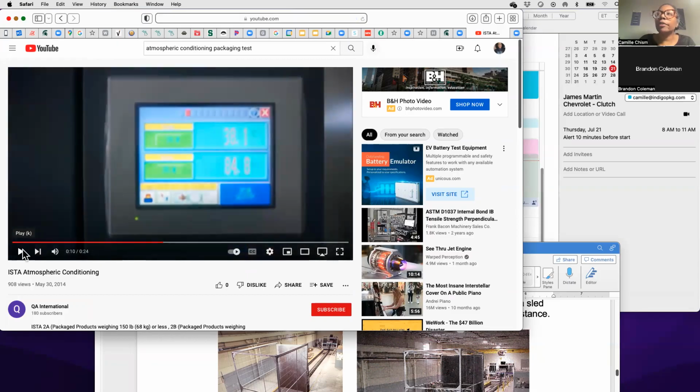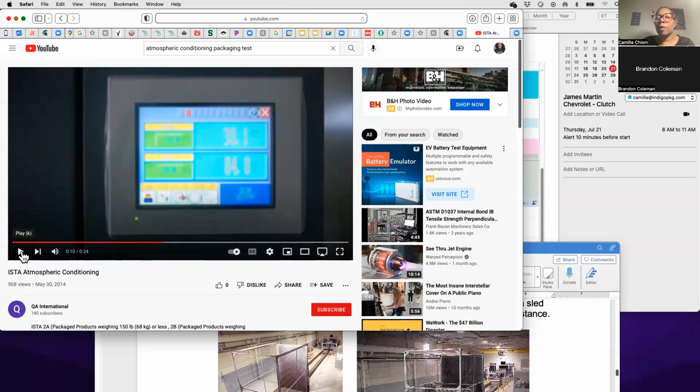So this is the chamber, and this is showing what it's set at as far as the atmosphere, and the products that are going to be tested in the packaging will go in these chambers. So for industrial, the products may be a lot bigger, so they may have a room, and that's where they say the room should be at that temperature and relative humidity.